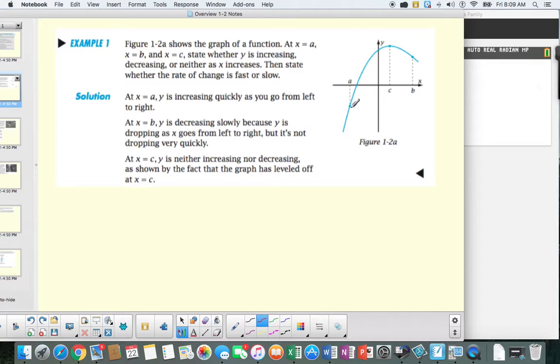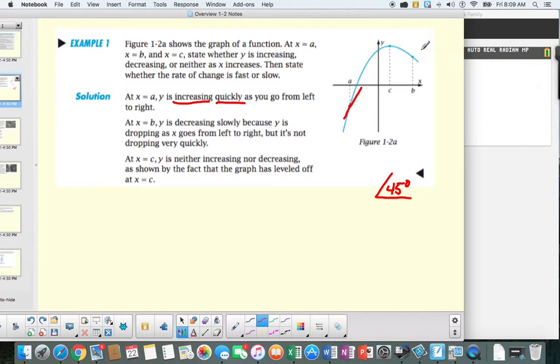So let's take a look at A. Pick 2 points that are close together, draw a line, and you can see the slope of that is positive, so it's increasing. We say quickly if the incline is more than 45 degrees, and so that's why we say quickly.